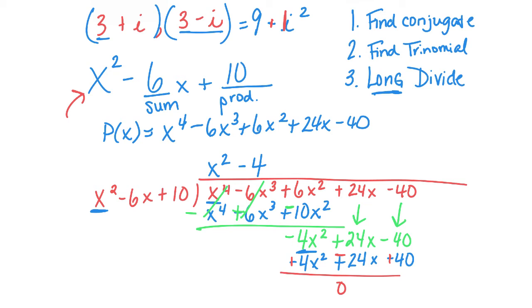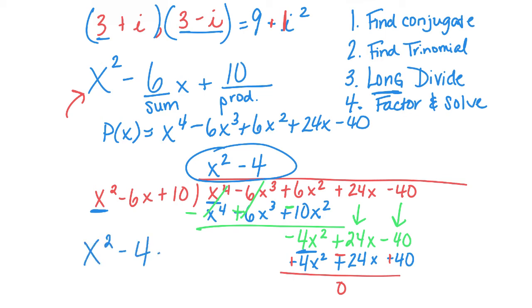So now our fourth step is we have x squared plus minus 4. So we actually have to factor and solve to find 2 more roots. So I know I can factor and solve. x squared minus 4 is equal to 0. This can factor to be x plus 2, x minus 2, and my 2 solutions are negative 2 and positive 2.